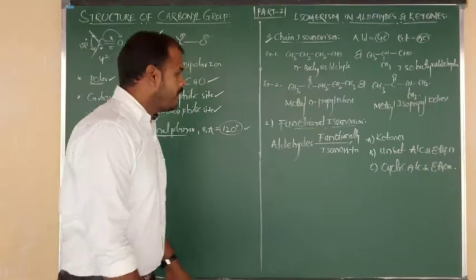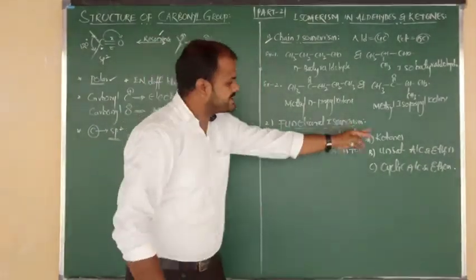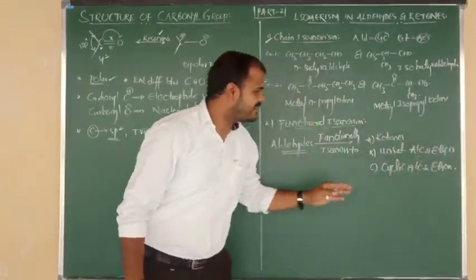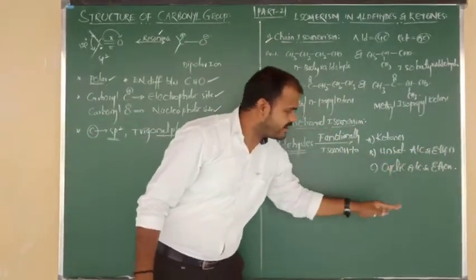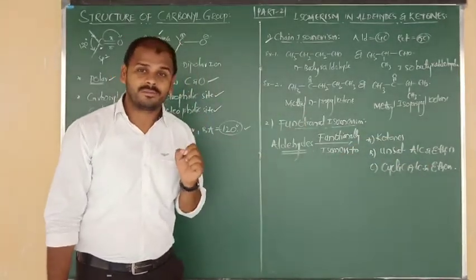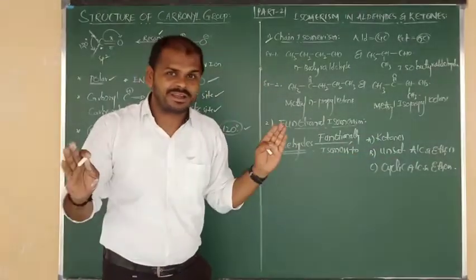Once again, aldehydes are functional isomers with ketone, unsaturated alcohol and unsaturated ether, and also with cyclic alcohol and cyclic ether. So all these compounds are functional isomers of each other.